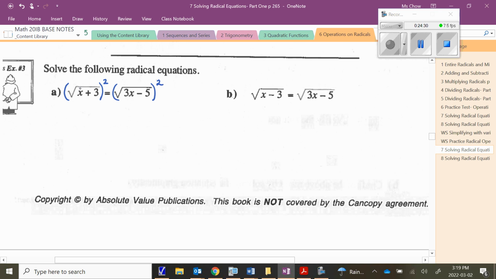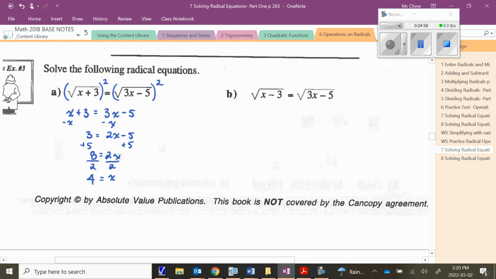The squaring undoes the radical, so that is x plus 3 equal to 3x minus 5, a nice, simple equation for us to solve. So I'll subtract x from both sides. So 3 is equal to 2x minus 5. We'll add 5 to both sides. So 8 is equal to 2x. Divide both sides by 2, and x is equal to 4.